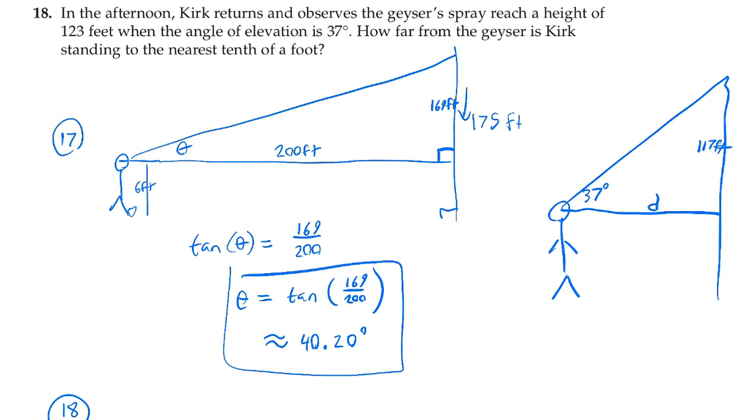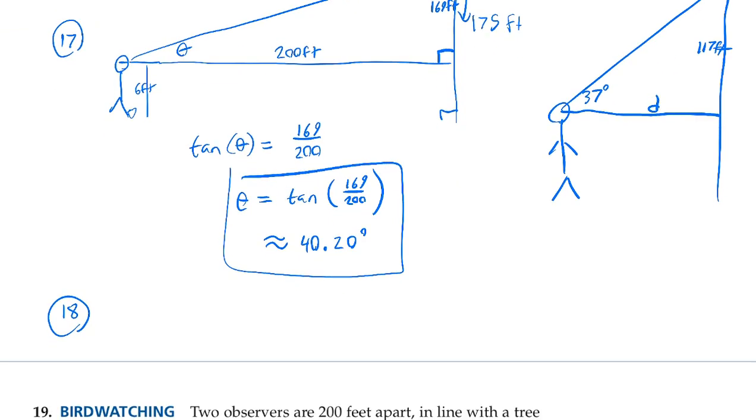So here's the distance that he is from the geyser. In this case, it's the tangent of 37 degrees equals the opposite 117 over the distance. Remember, I just subtracted the 6 because his eyes looking up is 6 feet above the ground. So multiplying, that gives us d times tangent of 37 equals 117.